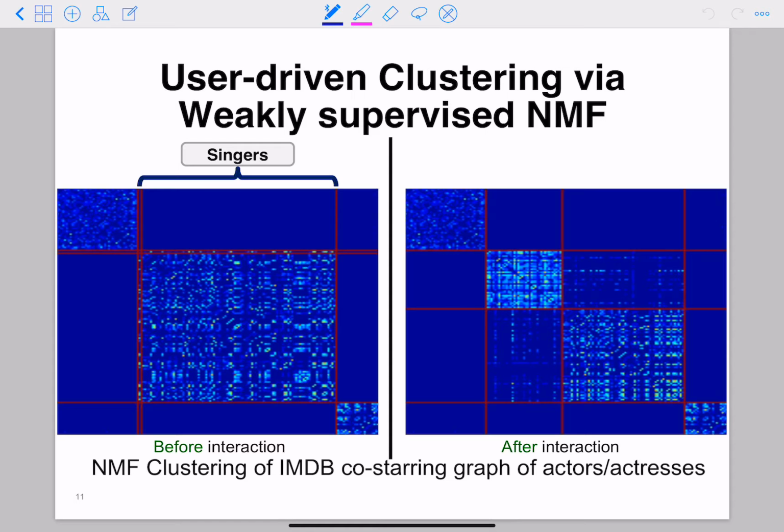Let me explain the input matrix. The input matrix is similar to a co-occurrence matrix. If two persons co-starred or appeared in the same TV shows or movies, we count the frequency of how many times the two actors or actresses appeared in the same shows.